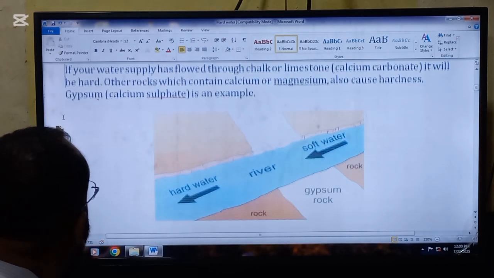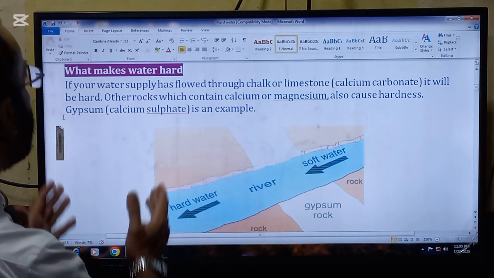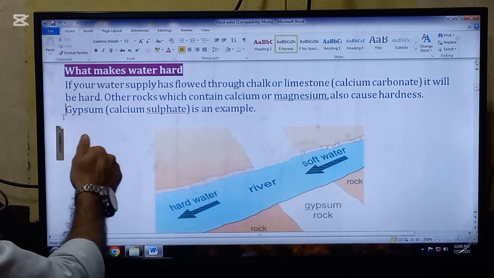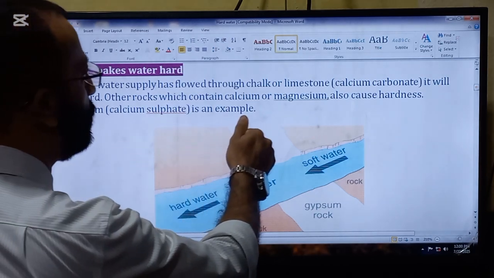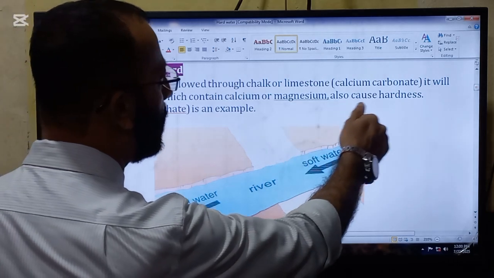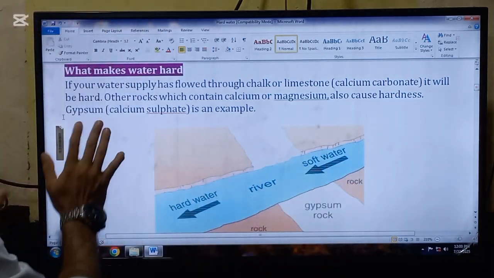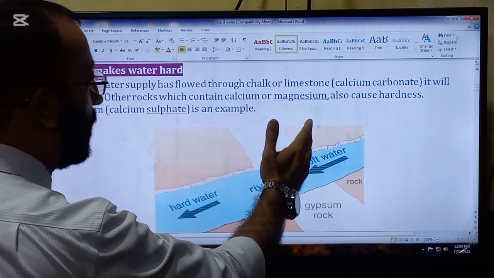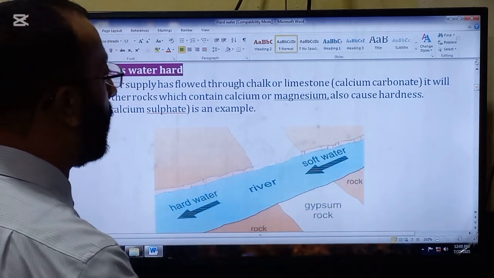The next topic that we are going to read is what makes water hard. If your water supply has flowed through chalk or limestone, calcium carbonate, it will be hard. Other rocks which contain calcium or magnesium also cause hardness.